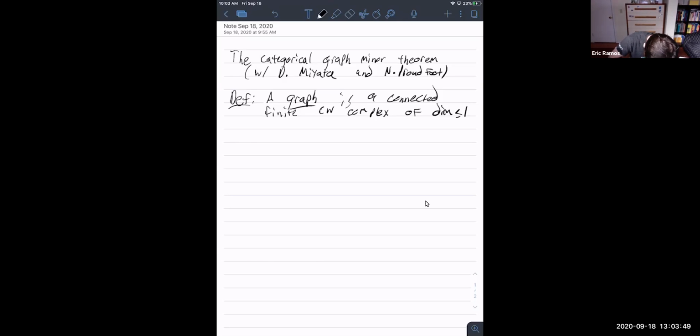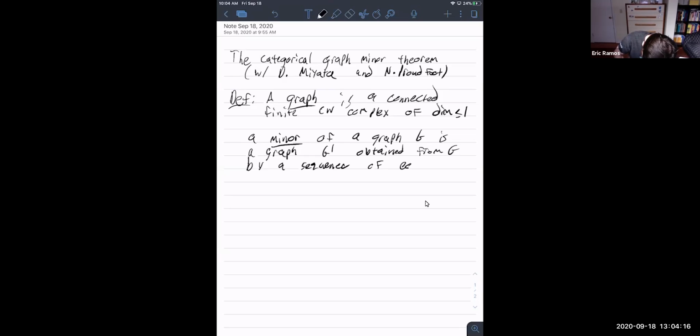To remind all of us, a minor of a graph G is a graph G prime obtained from G by a sequence of edge deletions and contractions.